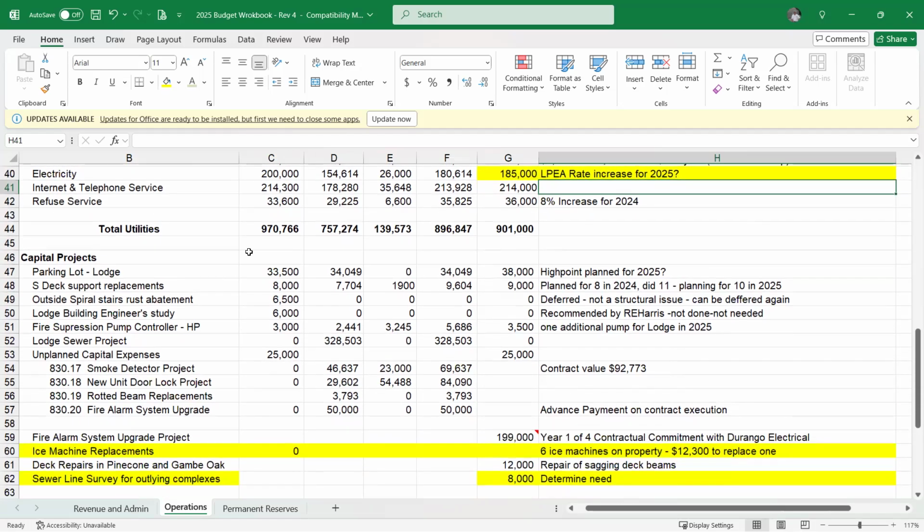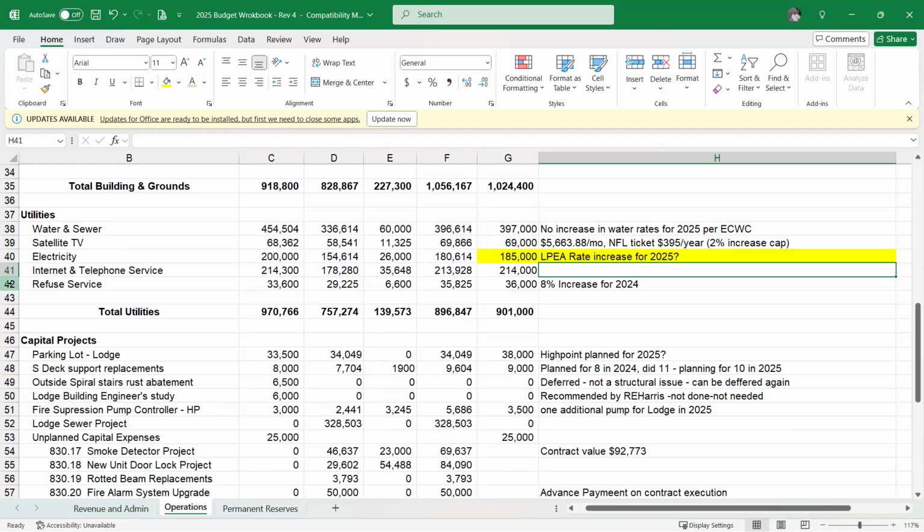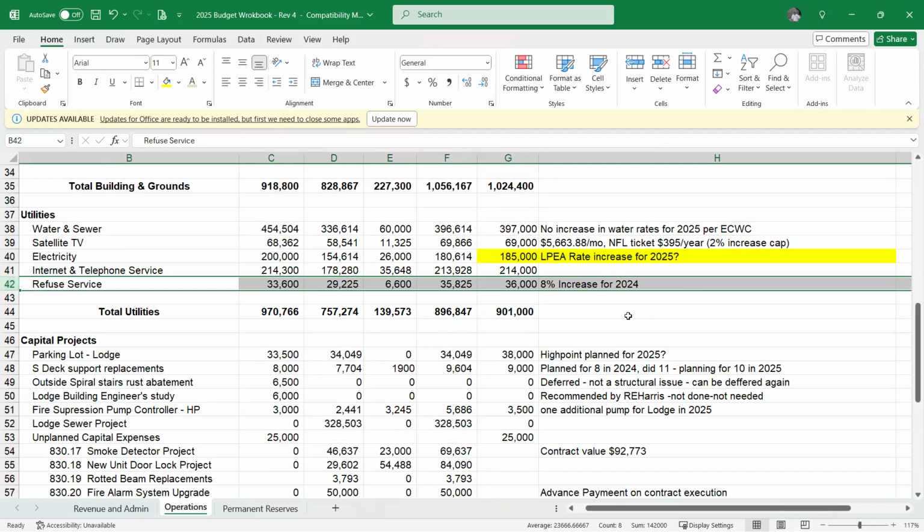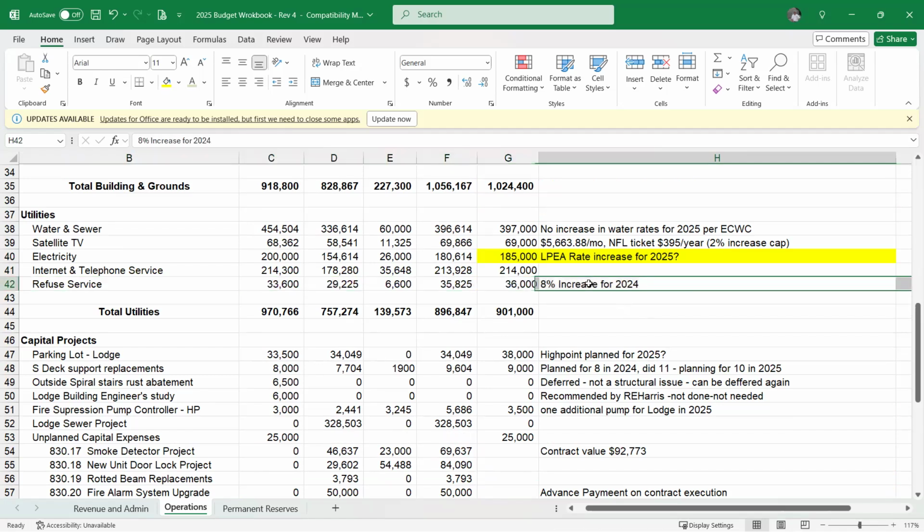So capital projects. Hey, back to, somebody there, hey, Gary, could you check with Waste Management and see if they're going to increase rates for 25? Yeah, I can check, but I can almost guarantee that they will. It's just a question of how much. I thought that was the number you got, Gary.